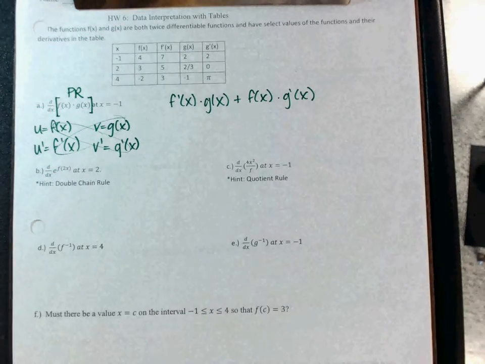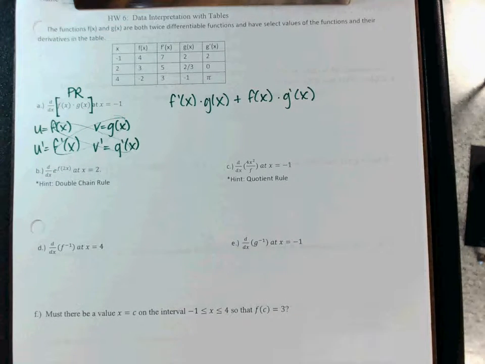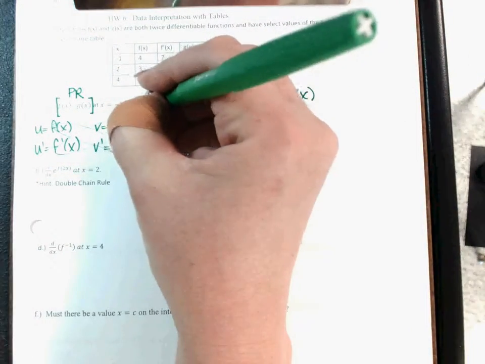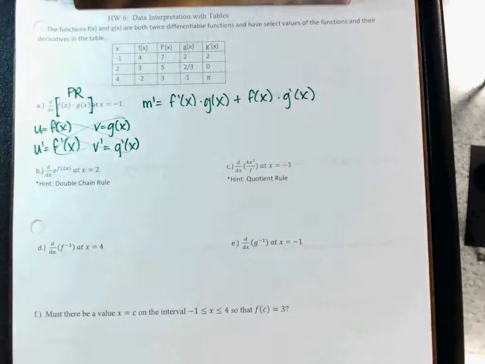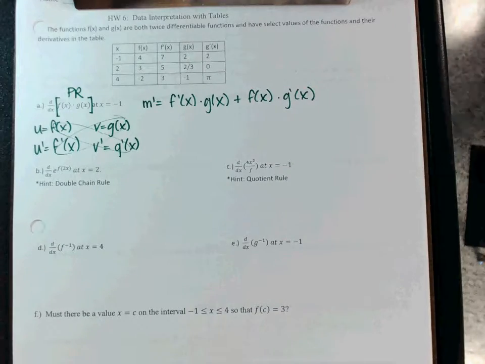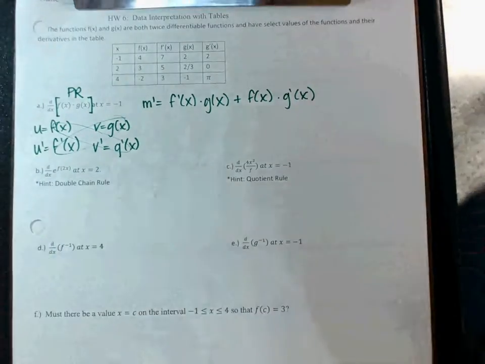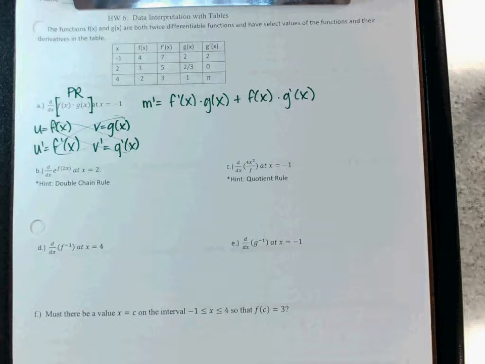Now, they didn't give you a name for this function, so you can name it. I wouldn't name it f because f's already a thing. So let's just call it maybe m. Okay, so if that's m prime, do you need this? Yeah. Okay, for you. It'd be m prime at -1 is what I want now, right?